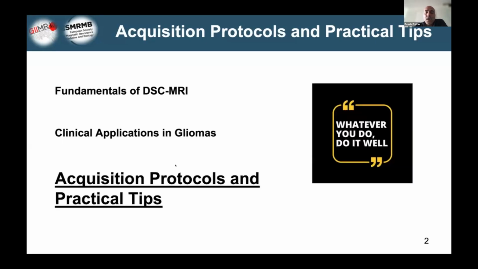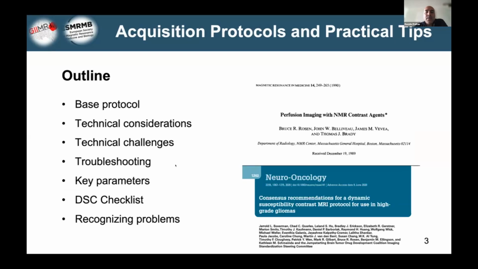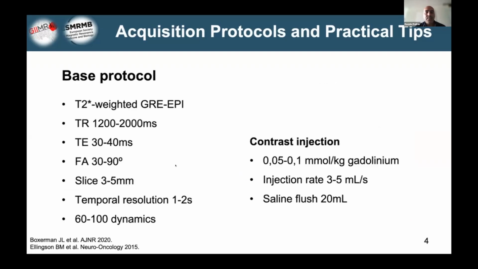So I will focus on how to perform DSC perfusion, and how to perform it well. I will start with a practical protocol for DSC acquisition, then explore the technical considerations and parameters that directly impact image quality, and finally focus on recognizing common pitfalls and how to troubleshoot them in clinical practice.